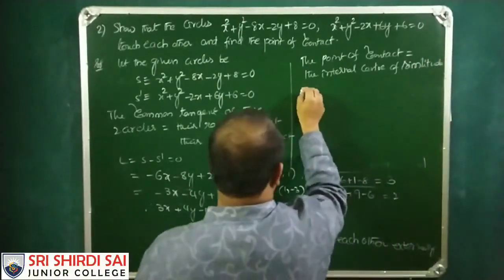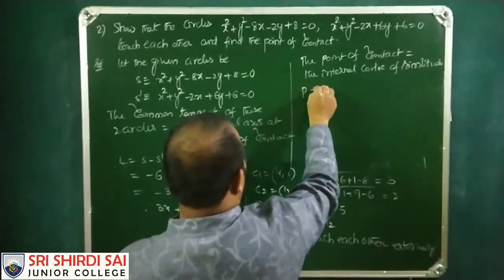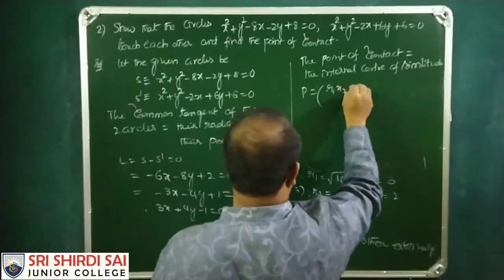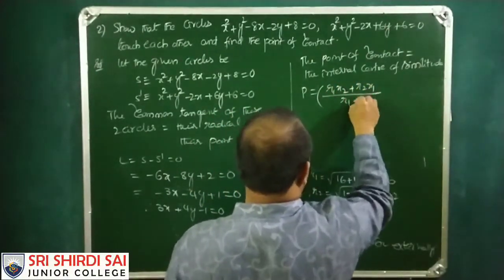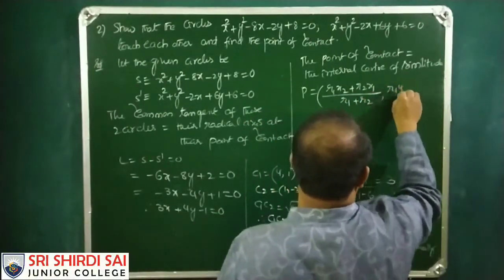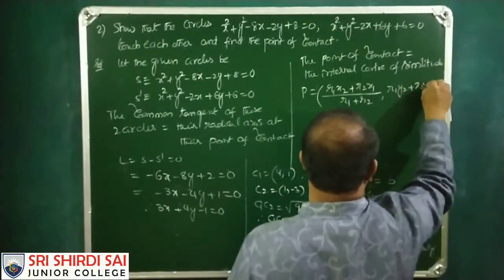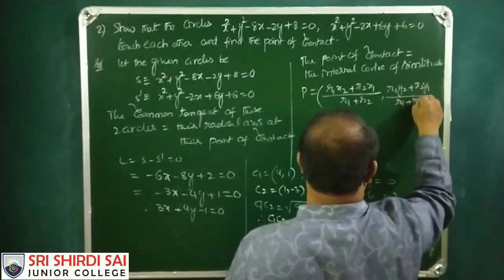This is equal to, so point of contact P is (R1x2 plus R2x1) by (R1 plus R2), and (R1y2 plus R2y1) by (R1 plus R2).